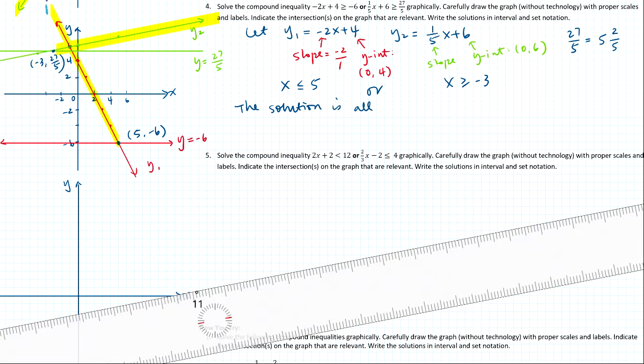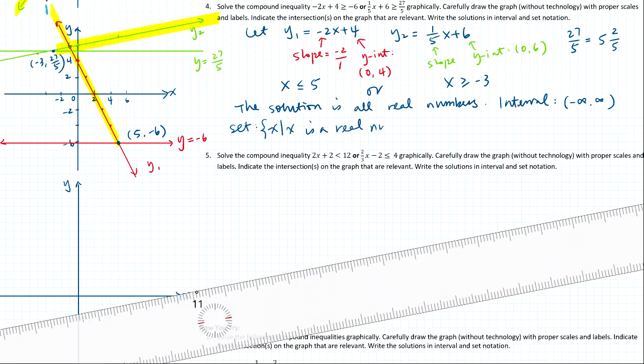So we can say the solution is all real numbers. If we want to use the proper notation for interval and set notation, for interval notation, this is just going to be negative infinity all the way to positive infinity. And for set notation, you can say that it's x such that x is a real number.